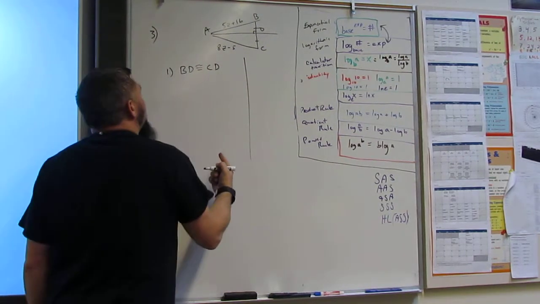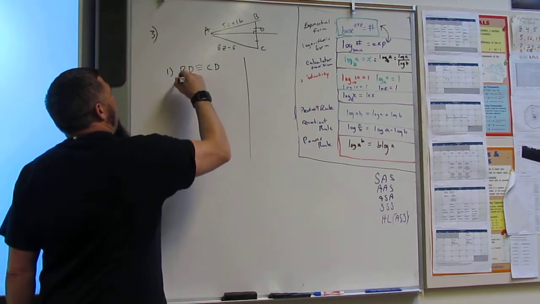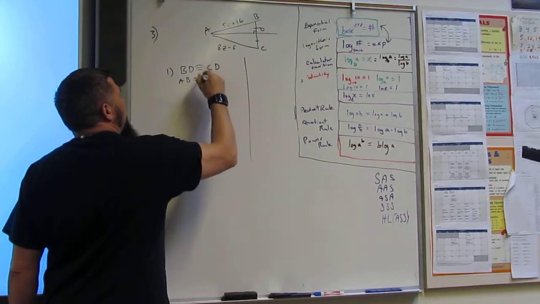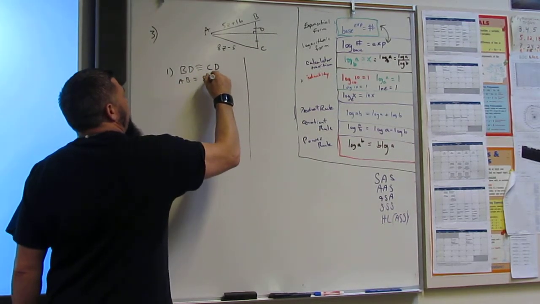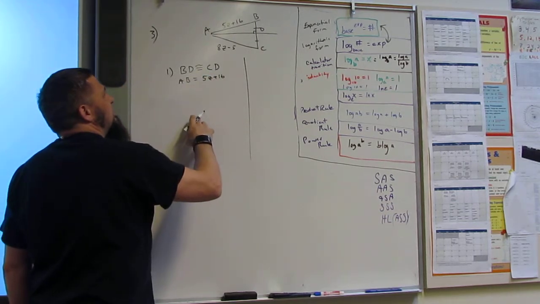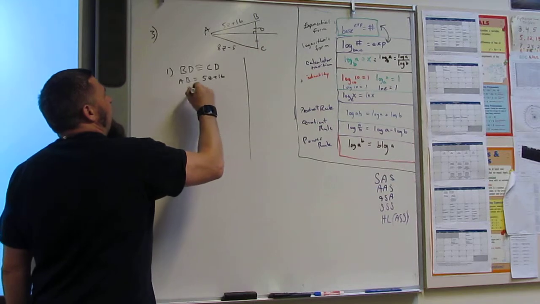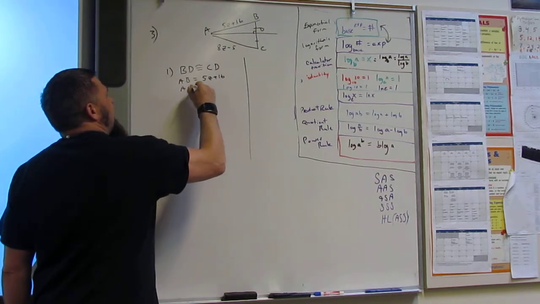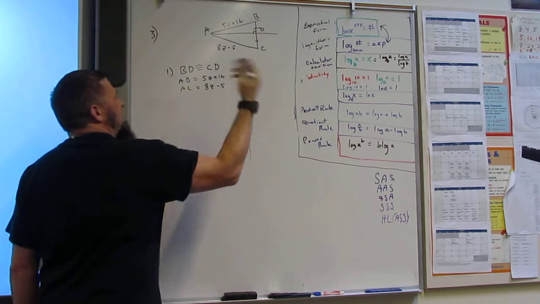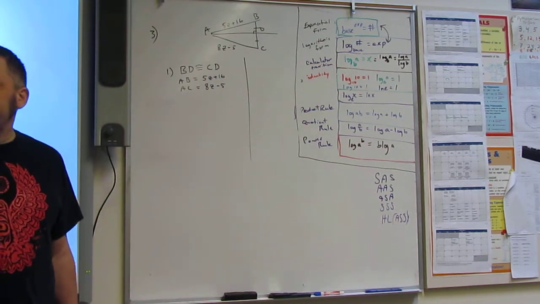Okay. We also know that AB is equal to 5Z plus 16 because it's given. We also know that AC is equal to 8Z minus 5 because it's given, right?